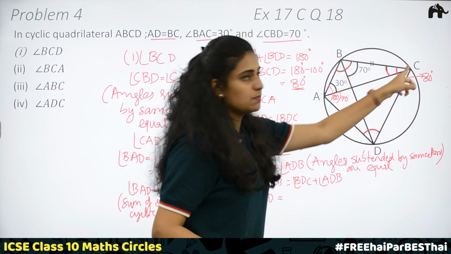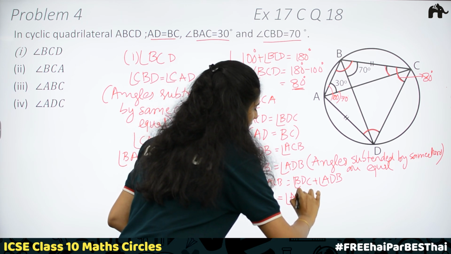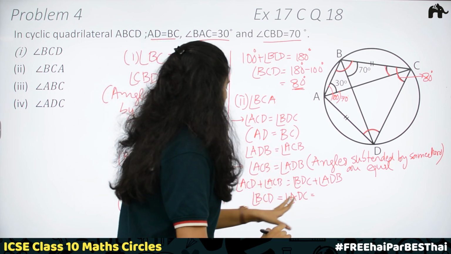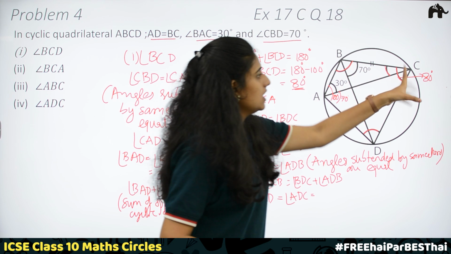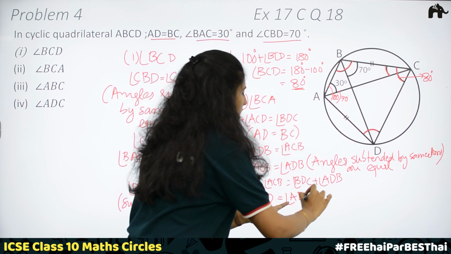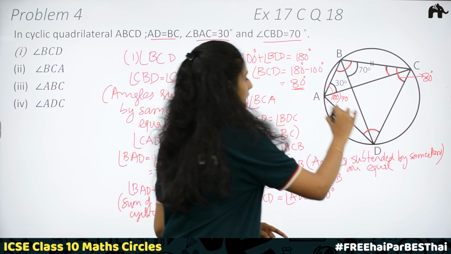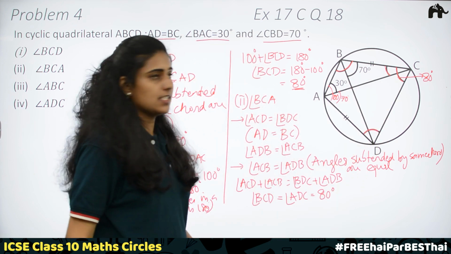So, we will be getting this big angle ADC. Okay. We have already determined BCD. The value of BCD is equal to 80 degrees. Therefore, ADC will also be equal to 80 degrees.